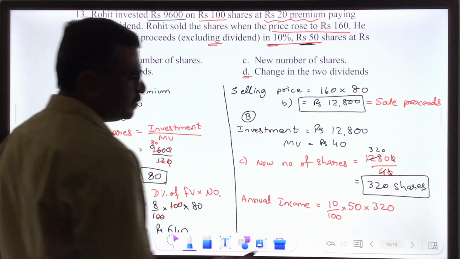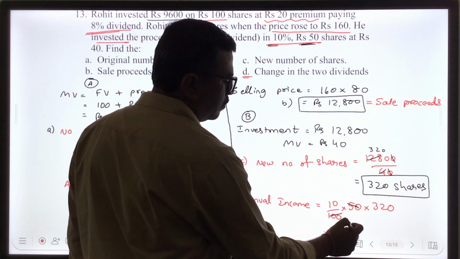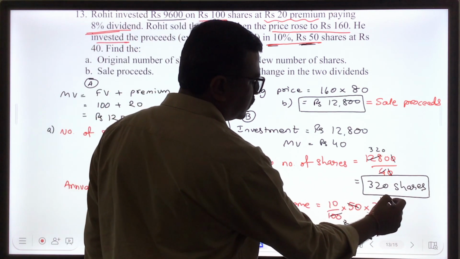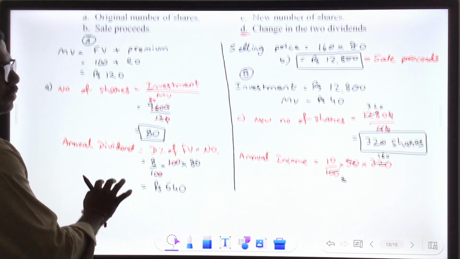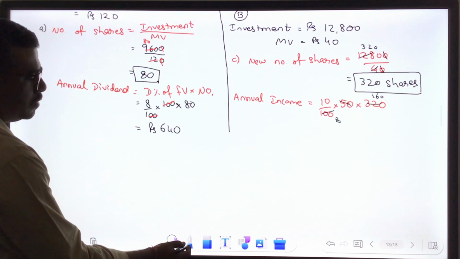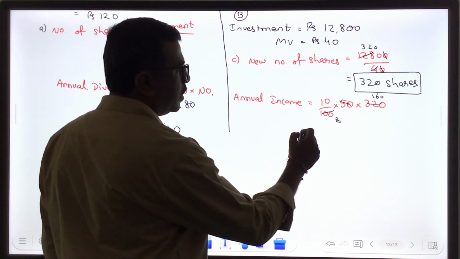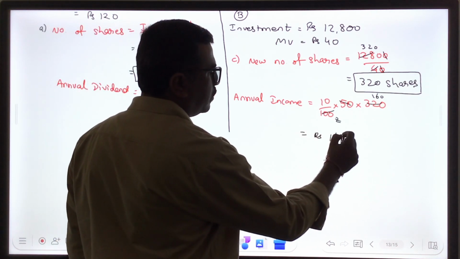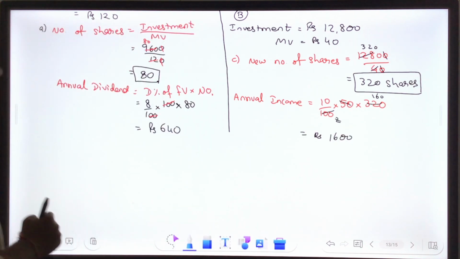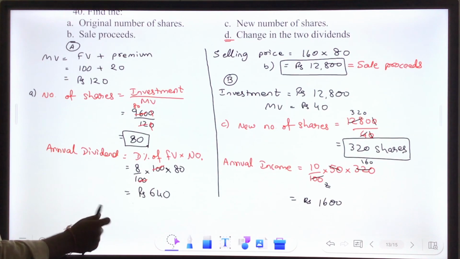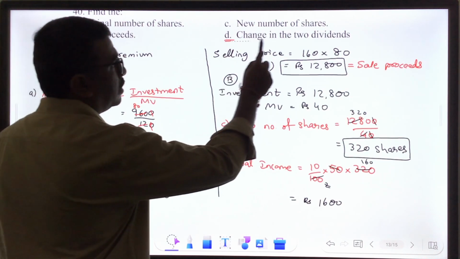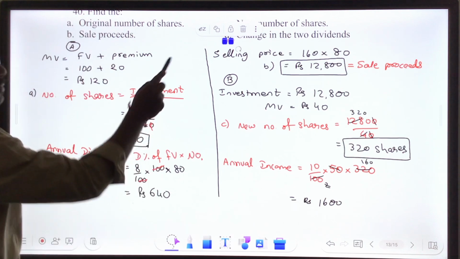So if you reduce this, 50 and 2, 2 and 160. So annual income from company 2 is rupees 1600.